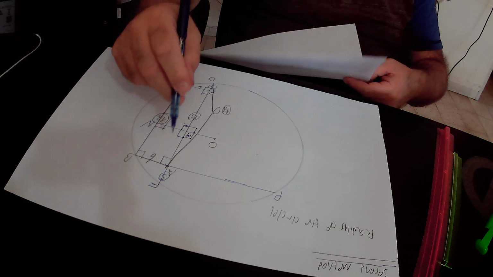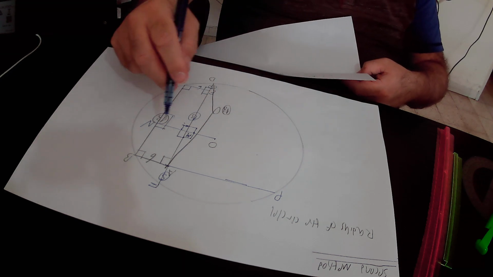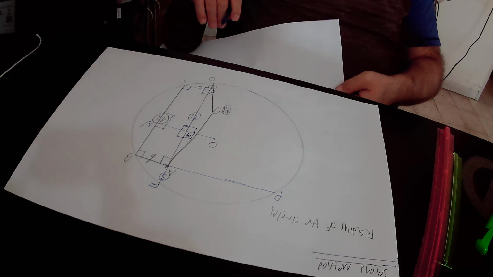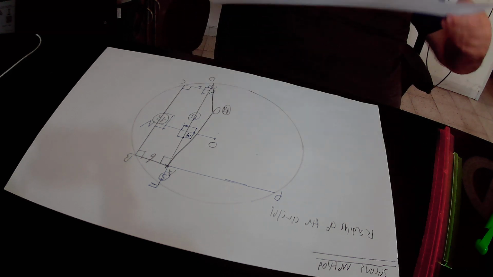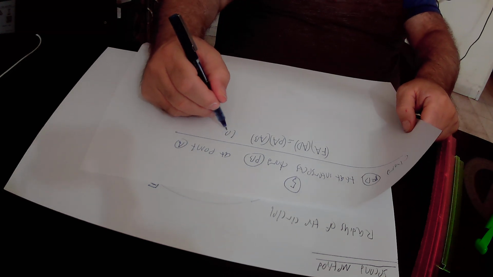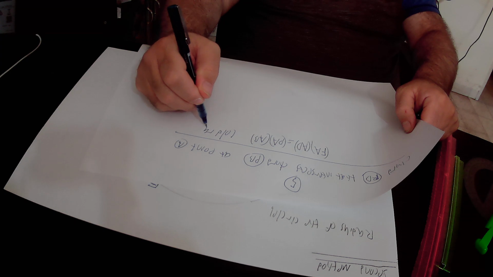Repeat again, FA times AD equals PA times AB, according to the old rule number 2.